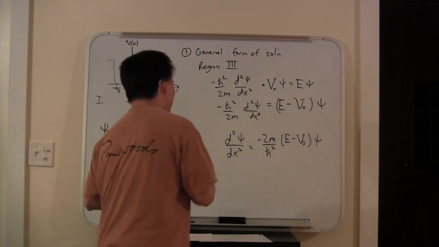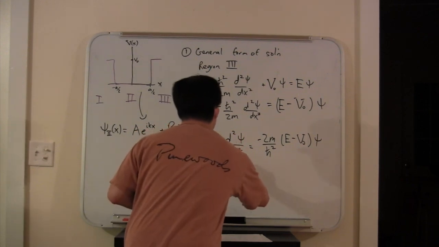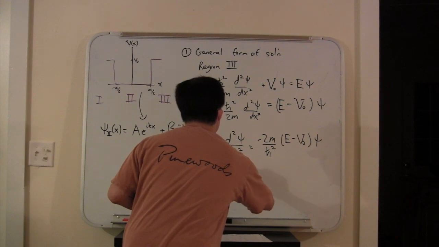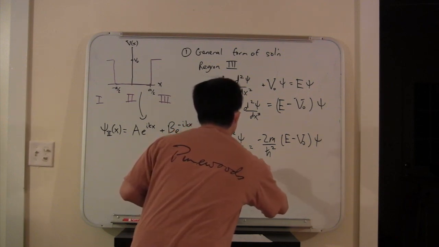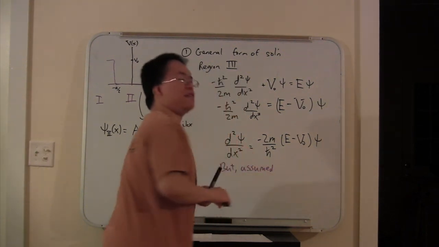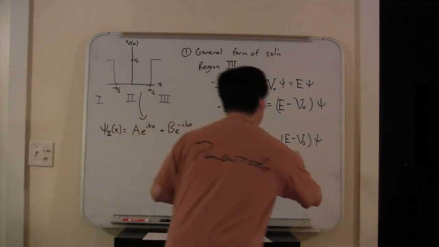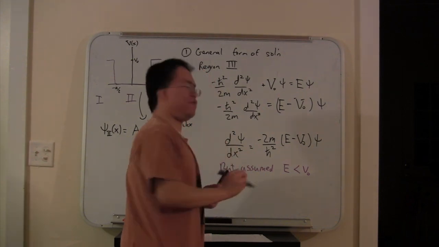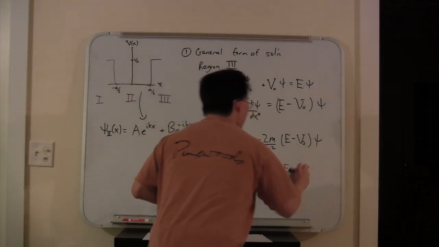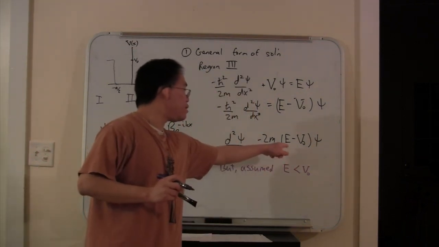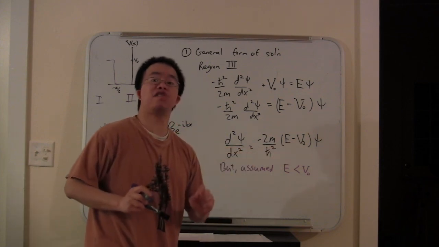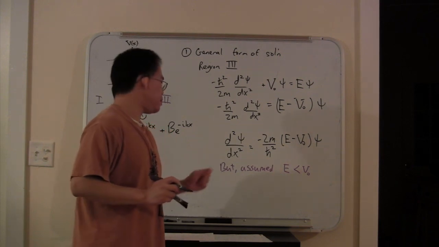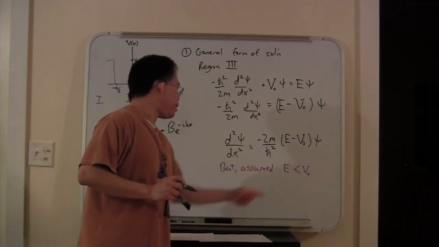Namely, we assumed that the energy was less than V naught. Under that assumption, E minus V naught is actually going to be negative.